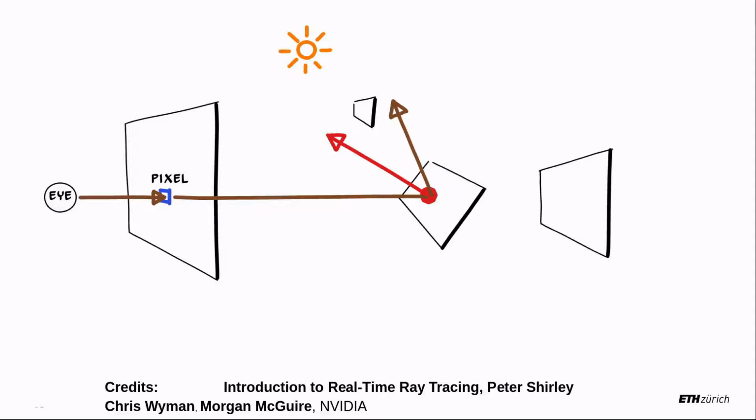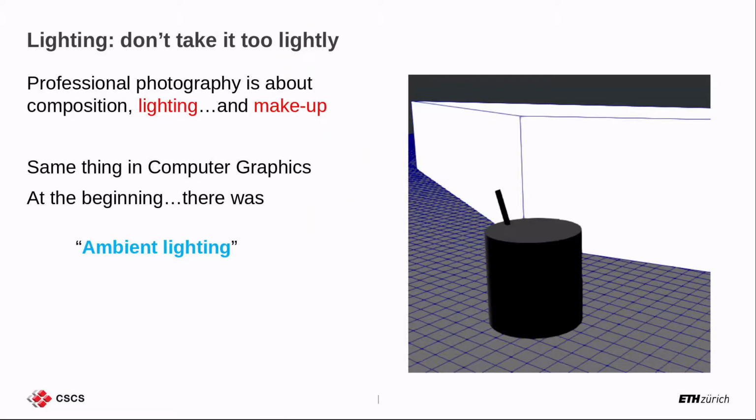I've taken this slide from Pete Shirley at NVIDIA. It explains very quickly, in a very synthetic way, how ray tracing works. We go from the eye through the pixel into the 3D world, and at that point in time, we are able to see our lights and to see all the interactions around us.